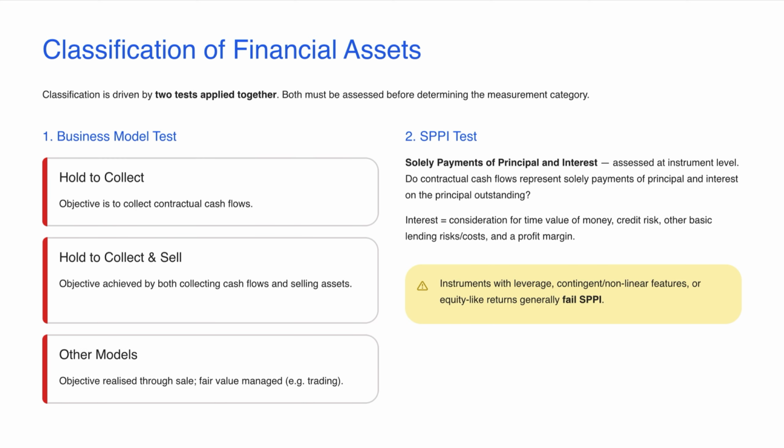When we classify a financial asset under IFRS 9, there are two major tests. The first is the business model test. This asks, how does the company actually manage this group of financial assets? There are three broad possibilities. First, hold to collect.